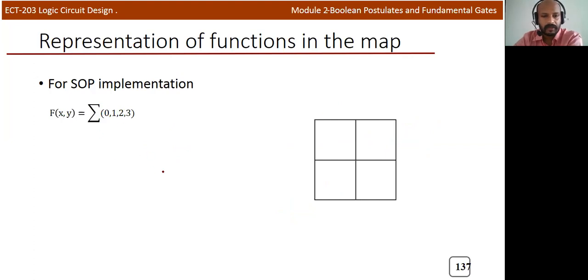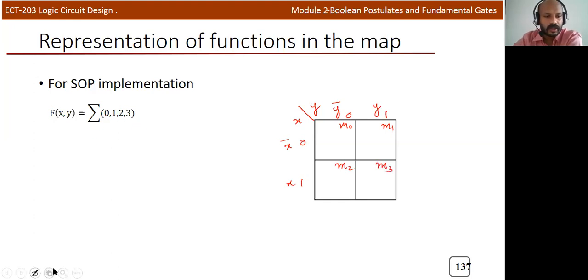Now we need to implement this particular SOP expression, sigma 0, 1, 2, 3. So here you can put x, here it is y, here it is 0, 1. It becomes x bar, x, here it is y bar, y, that is 0 and 1. And this is minterm 0, minterm 1, minterm 2, minterm 3.